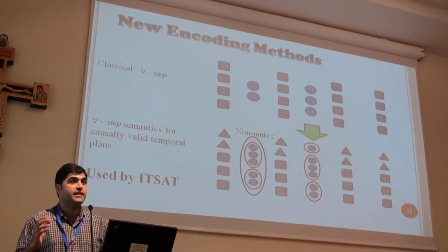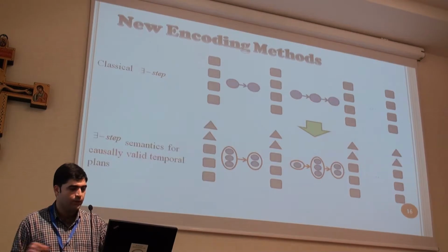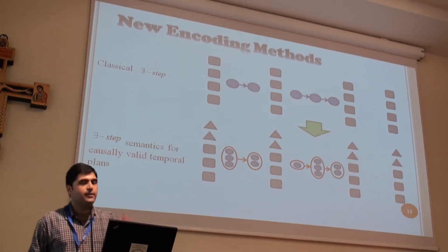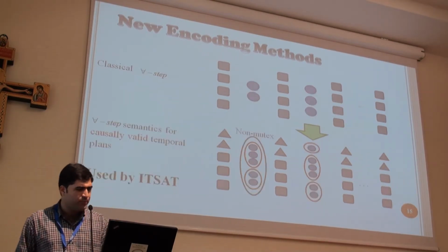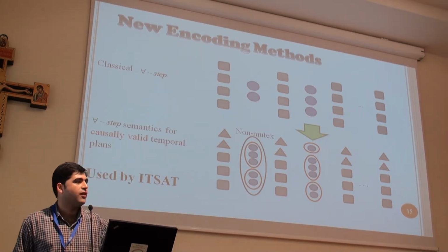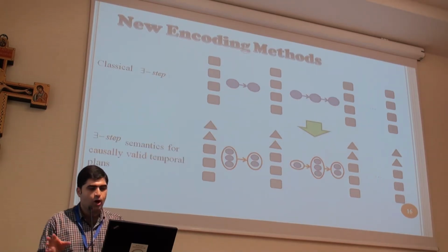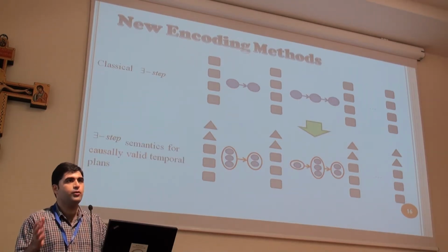The events in different time points should be executable in any order. We used this previously in an earlier version of ITSAT, and now I'm presenting the new encoding for ITSAT.